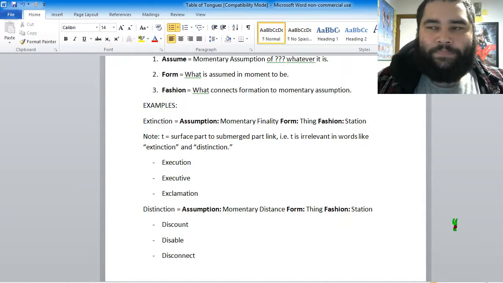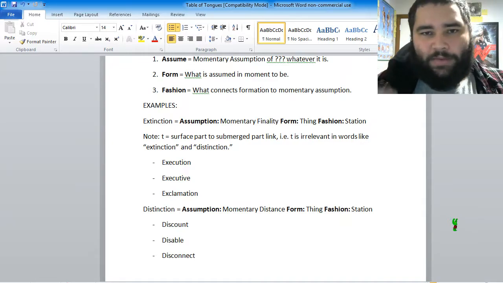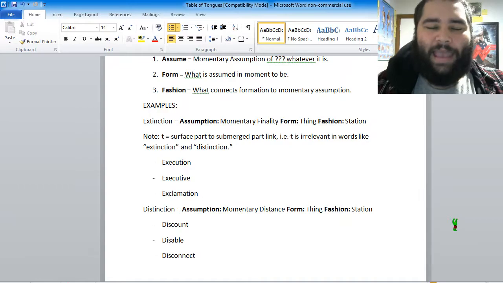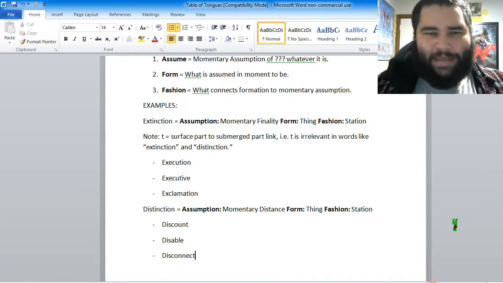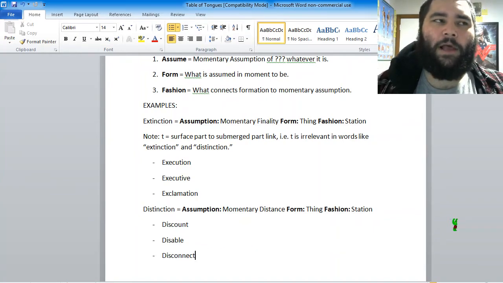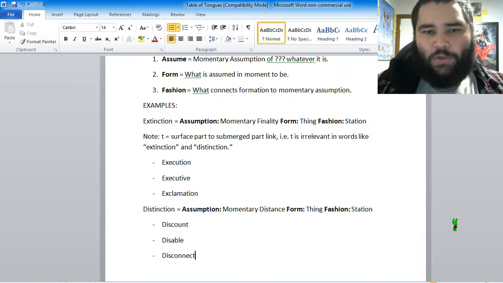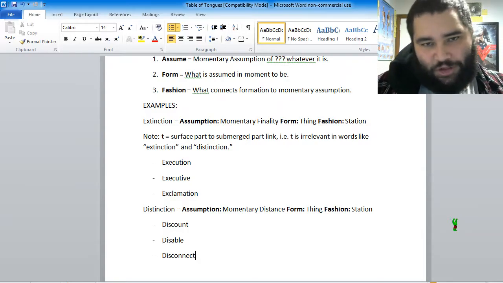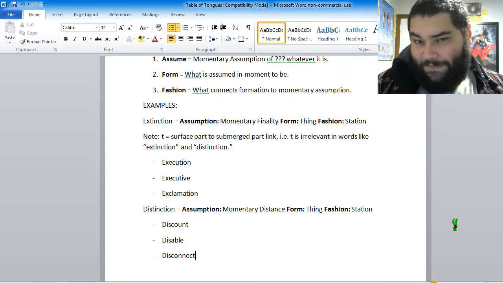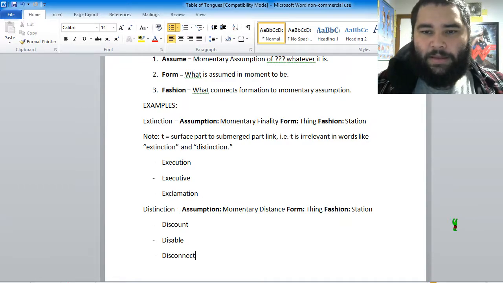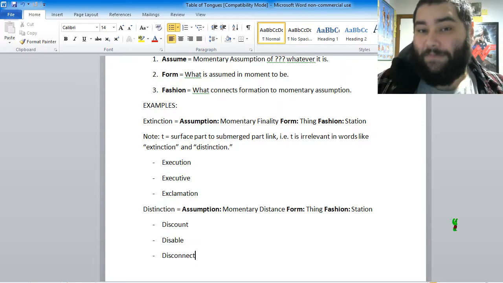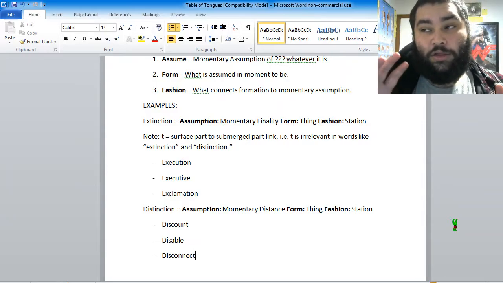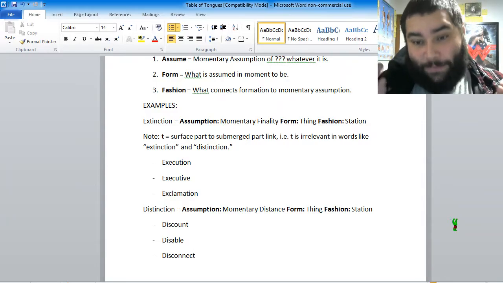Early man and early woman, early people didn't have context. They didn't think of it like that. Because a lot of the formation of language was driven by assumption, from instinct, from feeling. The fashion also, so what we think of as context was shaped by instinct, shaped by feeling.